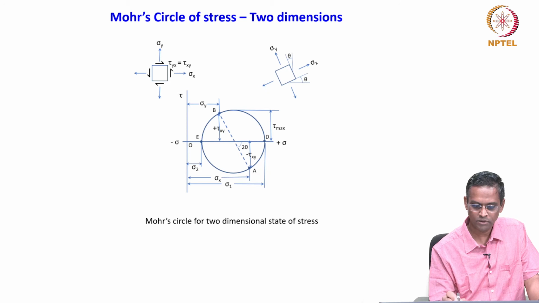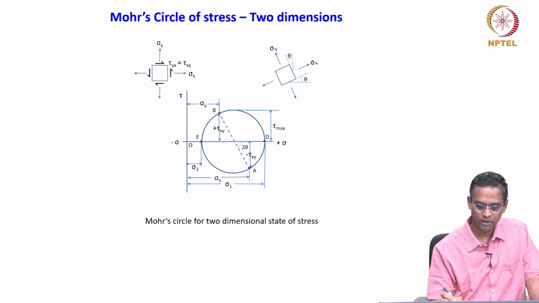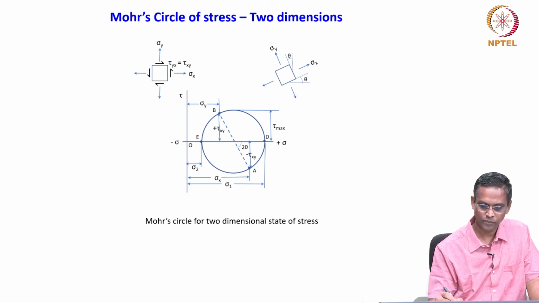That means at these 2 points it is pure principal stress, right? There is no shear stress, and the sigma x, that is where we are interested. So, you can see that this is the point sigma x, and the corresponding value here is tau. What you are seeing here is plus tau xy, and this is minus tau xy.